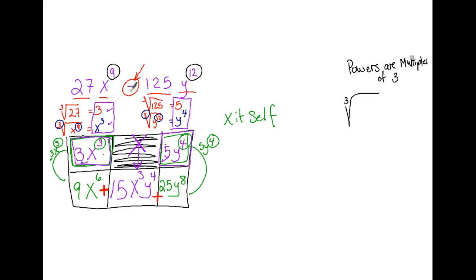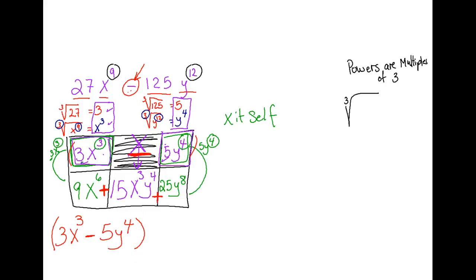Now, this table contains your 2 parentheses. Top parenthesis, 3x cubed, original sign in the middle, minus 5y to the 4th.